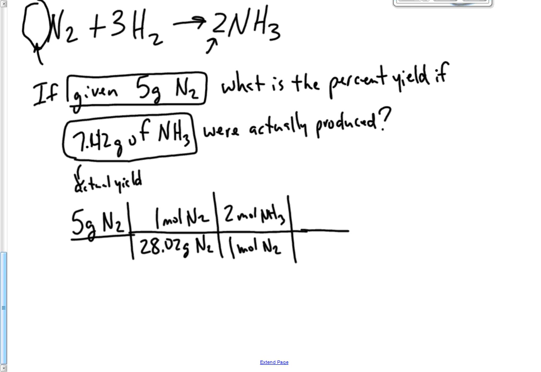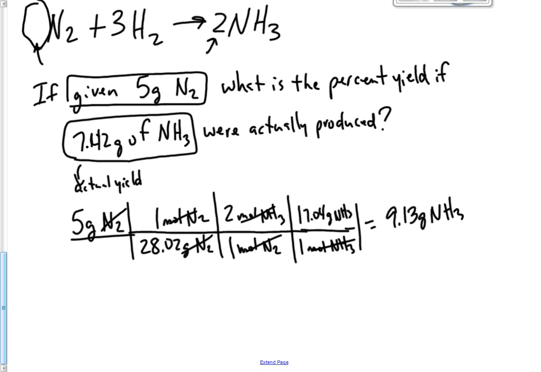And then we're going to convert those into grams. So 1 mole of NH3 is 17.04 grams of NH3. Moles of NH3 divide out, moles of N2 divide out, grams of N2 divide out, and we're left with grams of NH3. Multiply across the top, divide by the bottom, you get 9.13 grams of ammonia.